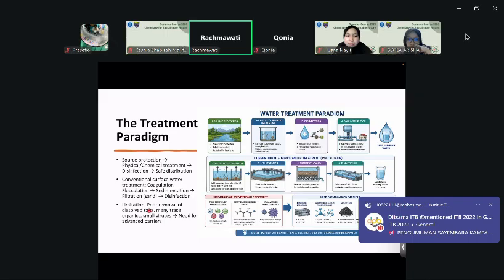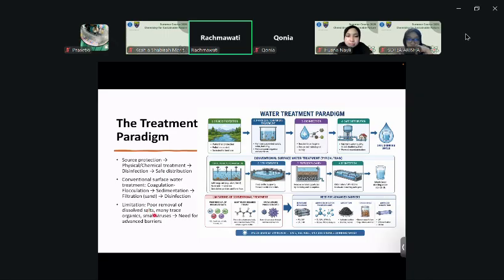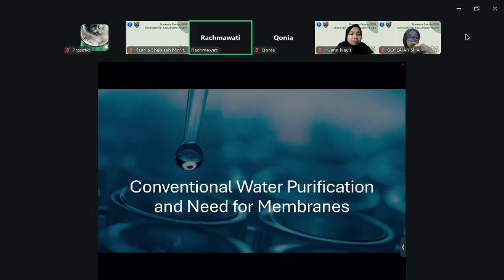We don't see them in water. And then some traces of organics or maybe even small viruses might still be present in water. If that is the case, then we need very advanced steps to separate these pollutants from the water, because we want to make sure that whatever we consume is healthy.